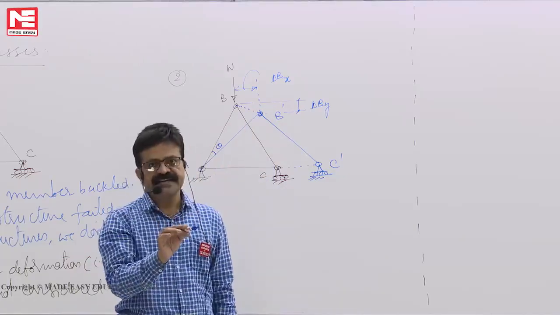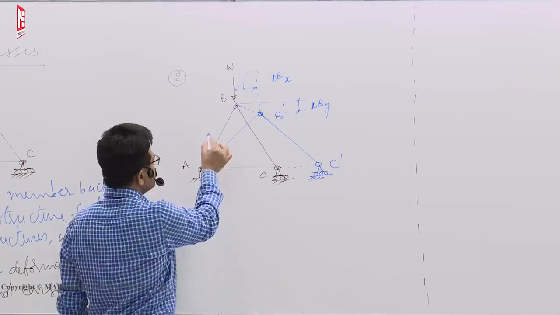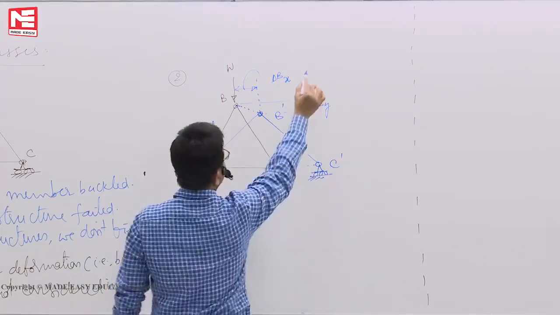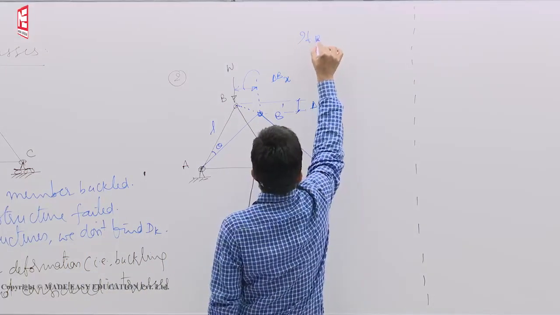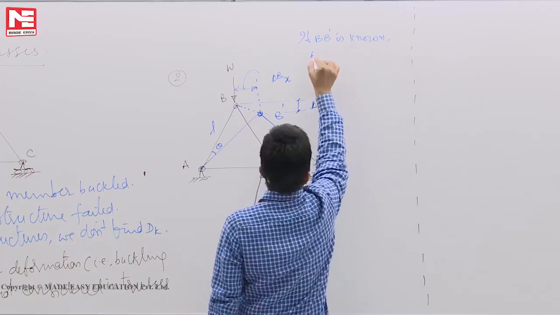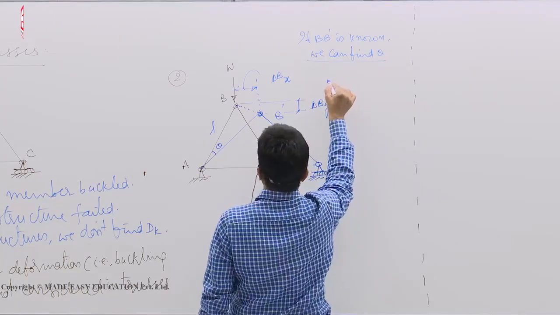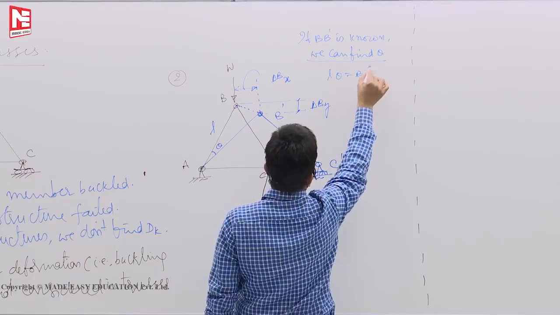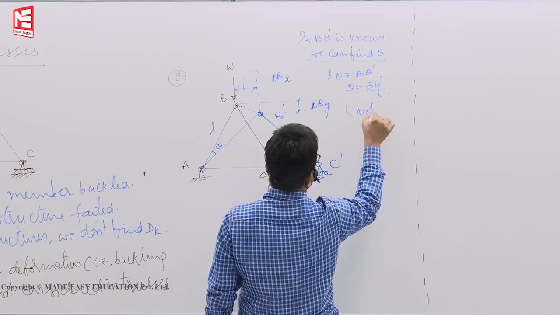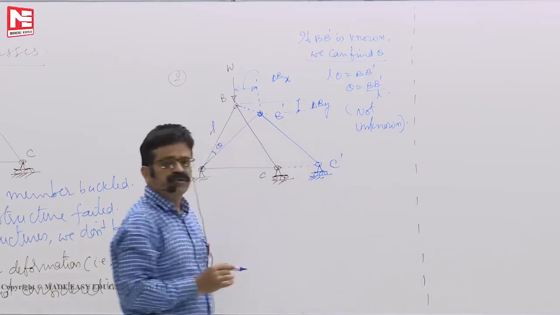If you know delta Bx, delta By, it means that BB dash is known to us. If BB dash is known to us, I can find theta. How? L theta is equal to BB dash. So, theta is equal to BB dash by L. So, this is not unknown.